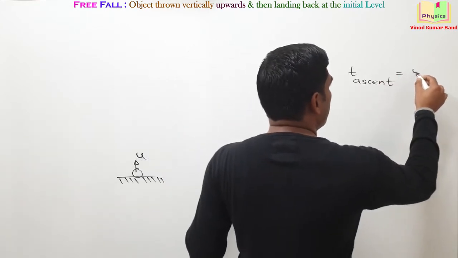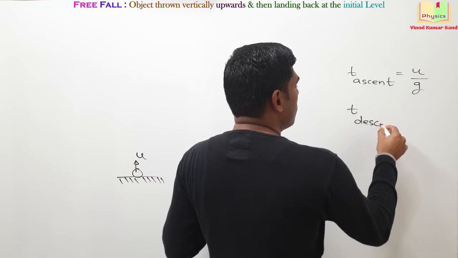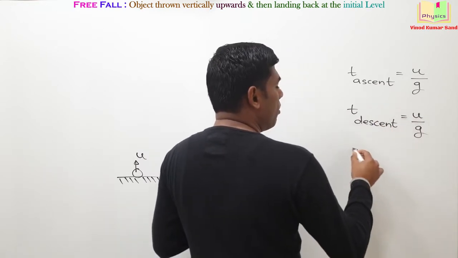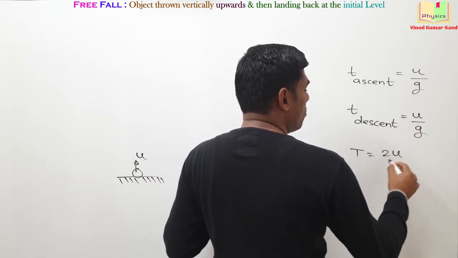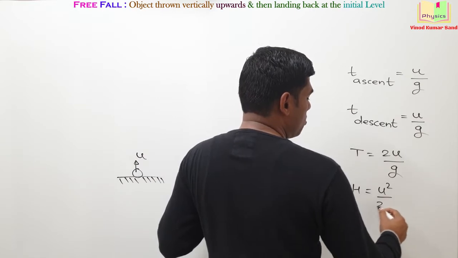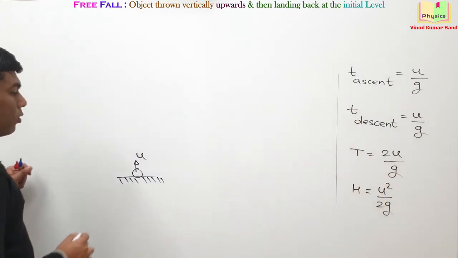That answer will be u by g. Similarly, the time of descent will also be equal to u by g. The time of flight will be equal to 2u by g, and maximum height will be u square by 2g. These are our targets. We'll derive them one by one.